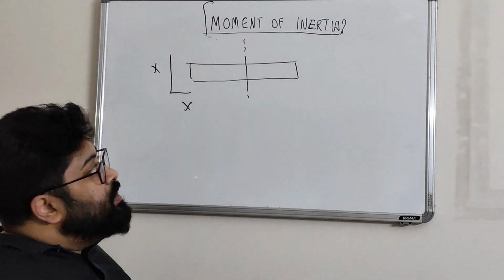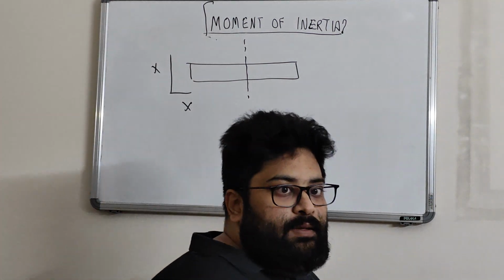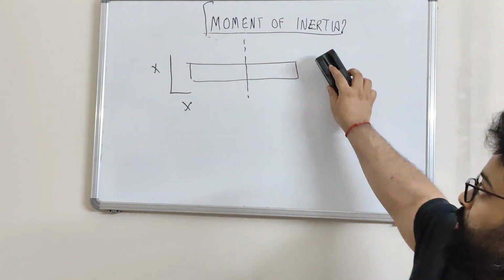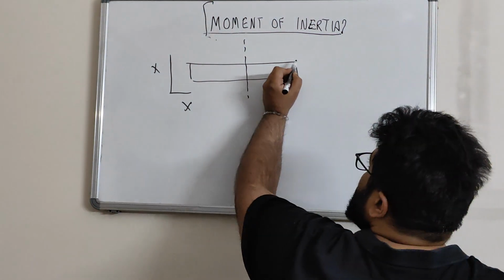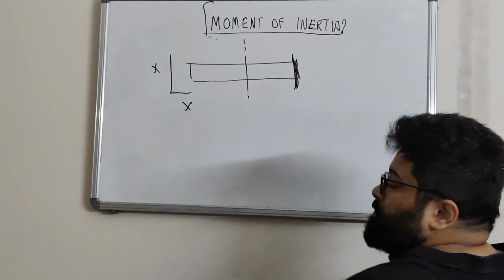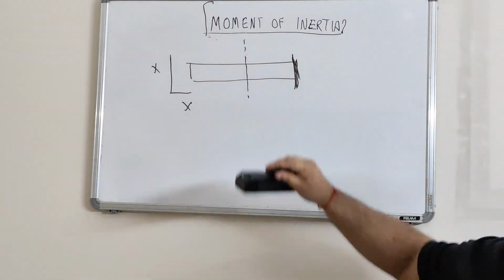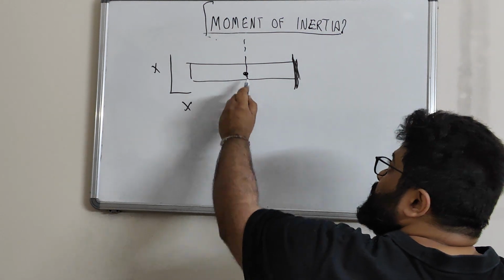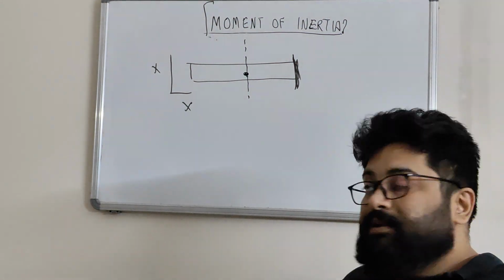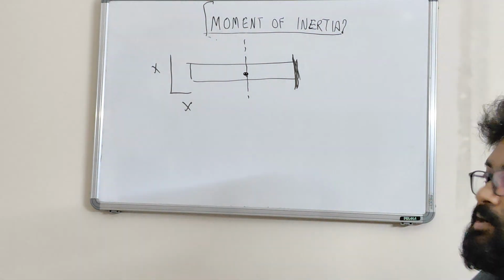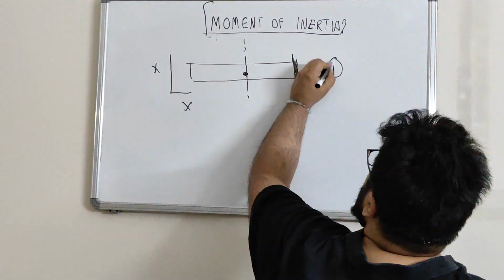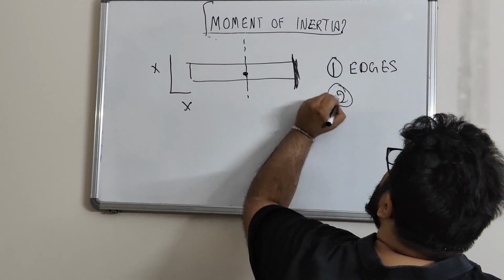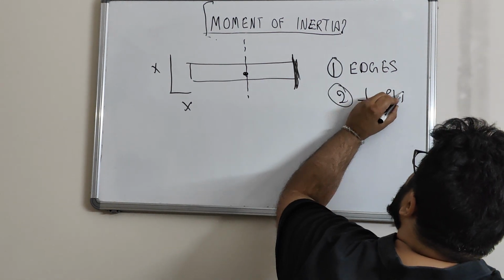I want you to calculate the moment of inertia for this, for the first thing, for the edges in this plane, and the moment of inertia when the axis of rotation passing through the center of mass but perpendicular to this plane. Edges, perpendicular to plane.